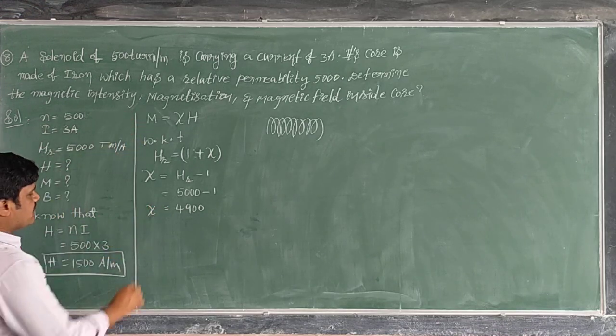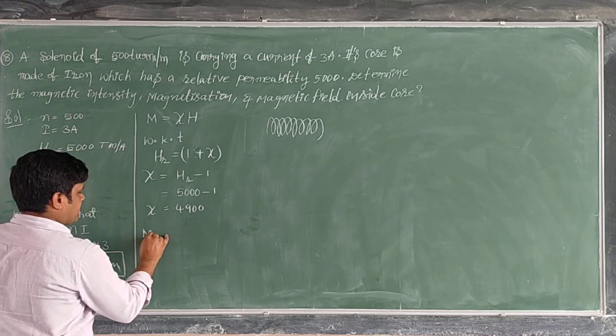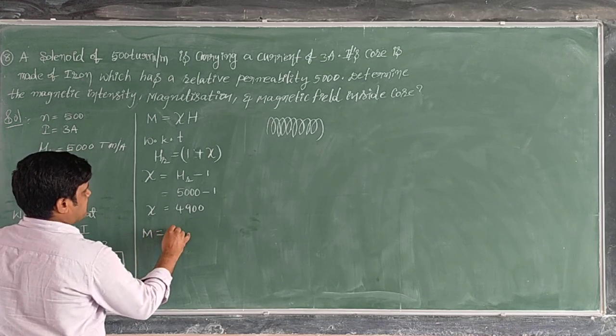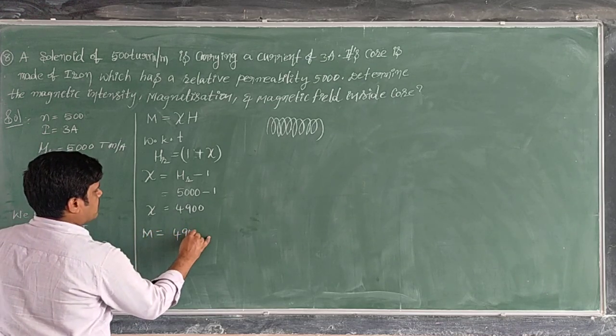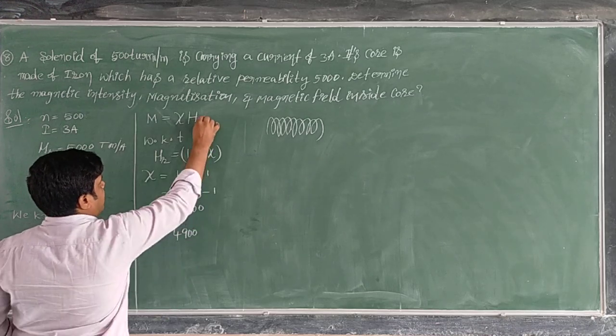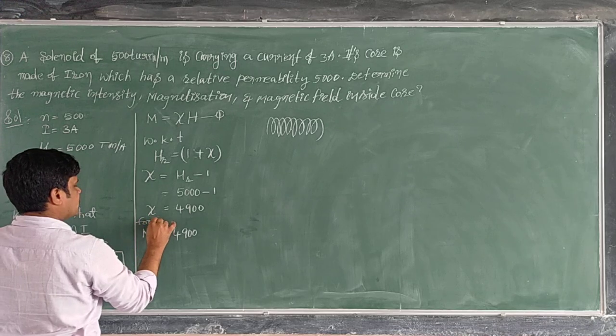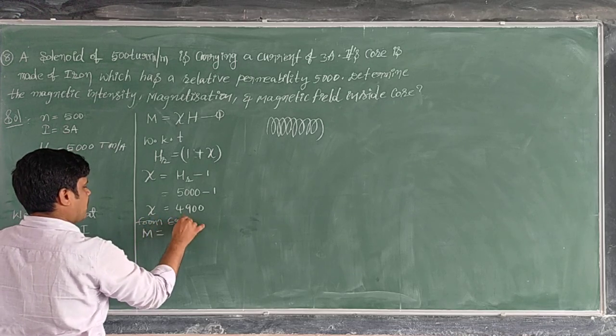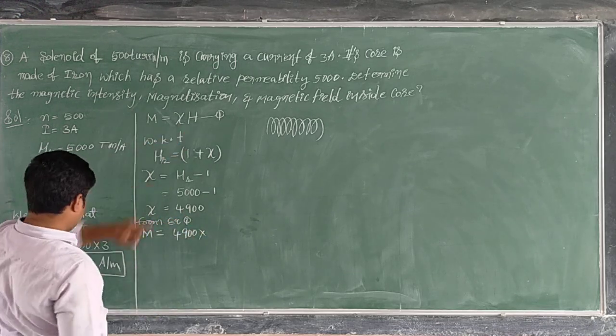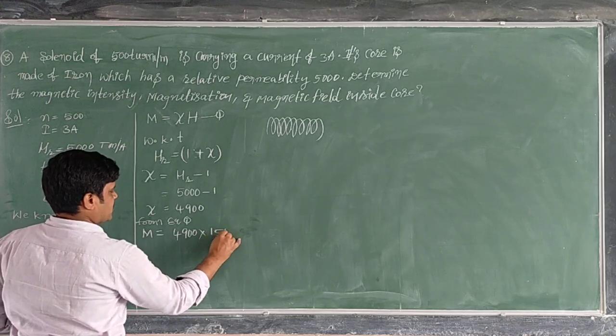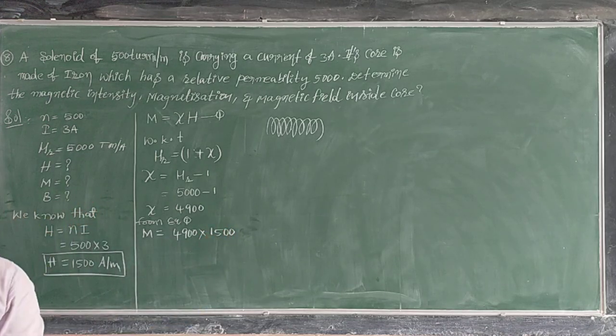Now from this, magnetization M is equal to susceptibility 4999, this is equation 1. From equation 1, next, H is this much, 1500.